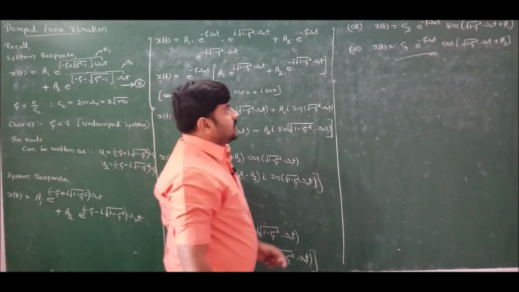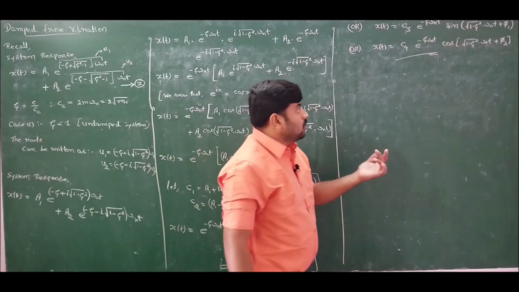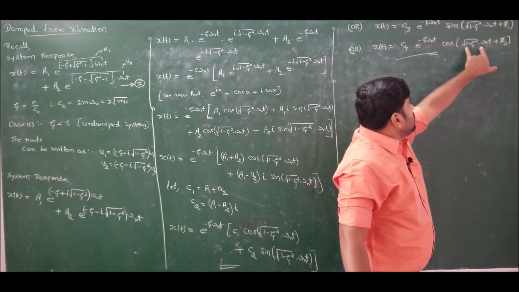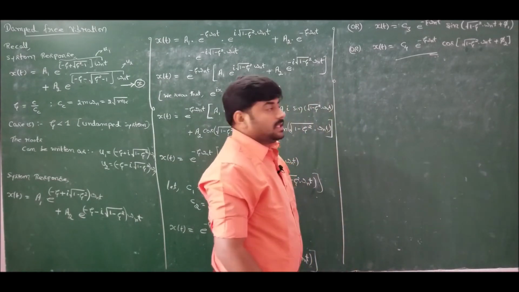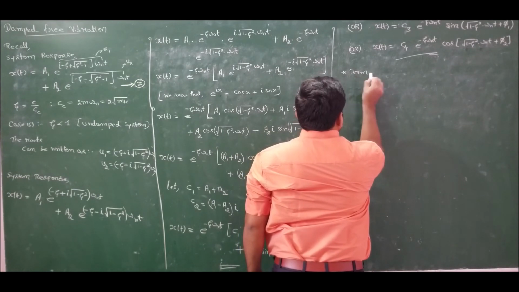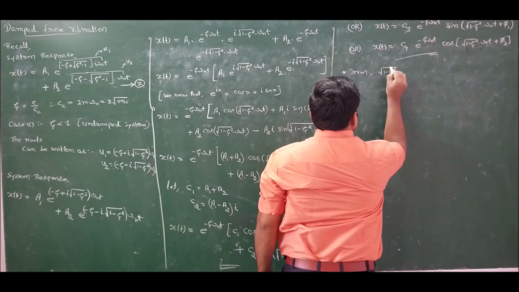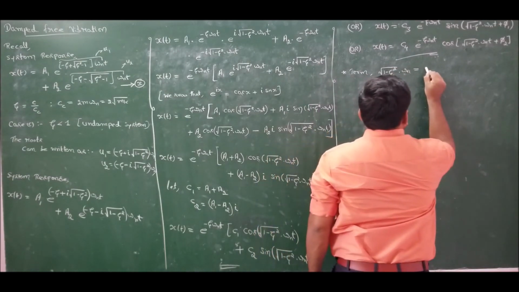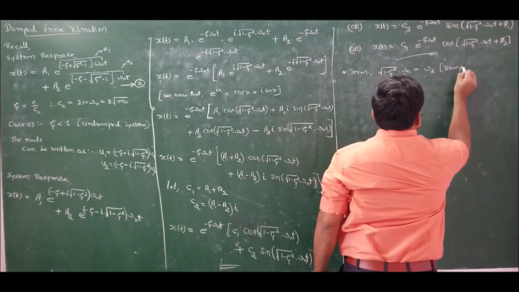Now one careful observation is that from the underdamped vibration system we will get one more important terminology, that is this term root of 1 minus zeta square into omega n is called omega d, which is nothing but the damped natural frequency.